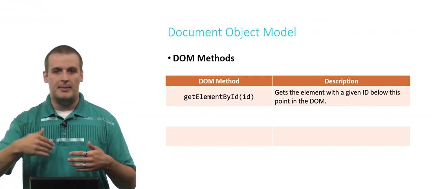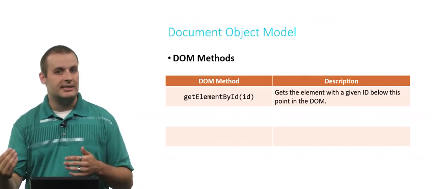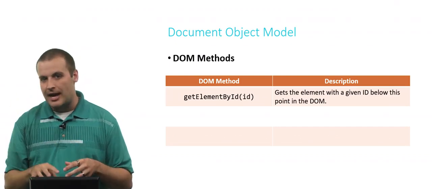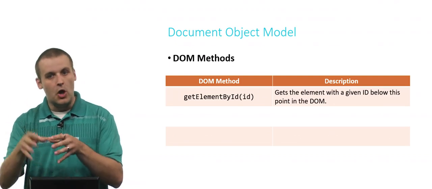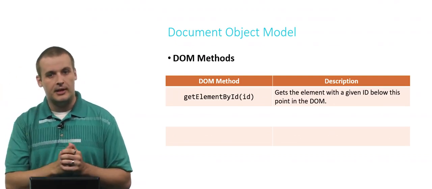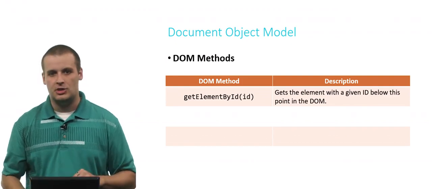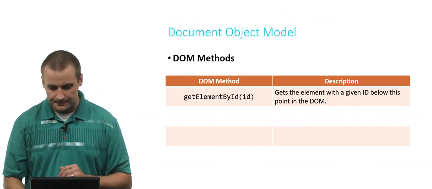So if we maybe have styled a particular element using CSS and we've given it that optional ID attribute, this method would go and navigate through the entire document object for us and find that specific node, one of those, further down the tree or further nested within the object. It would find that section of the page and return to you the sub-object from that point down.